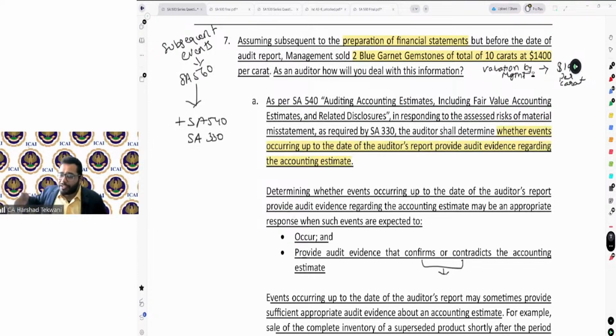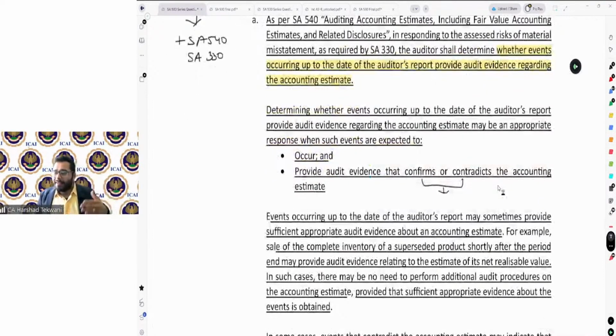Is the price received the fair market value, or is it affected by other factors, such as the transaction being with a related party, or not at arm's length, and the terms and conditions of the transaction? I'll gather the audit evidence and see whether I can compare it with the inventory lying in my books of account.